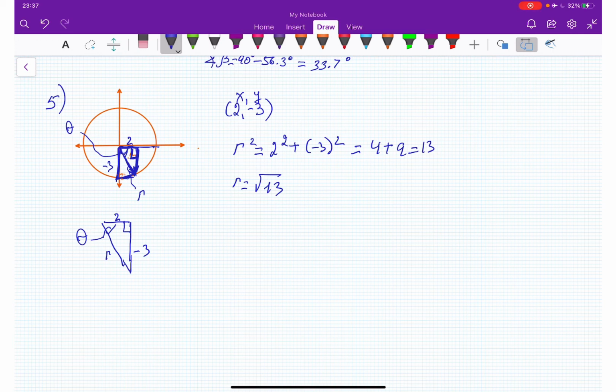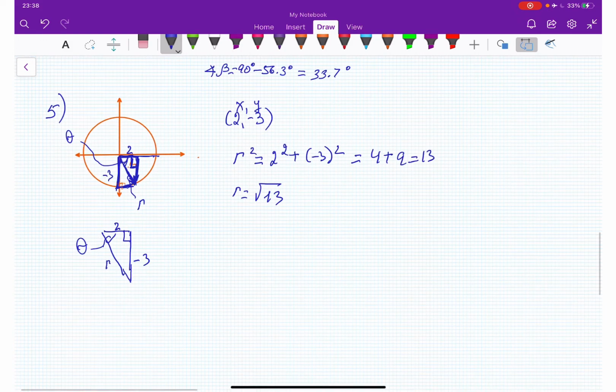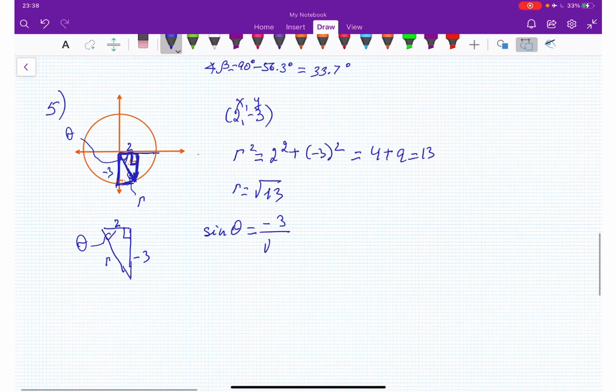So, what do we have? Sine theta is equal to the opposite leg, which is going to be negative 3, divided by the hypotenuse, which is r, square root of 13.